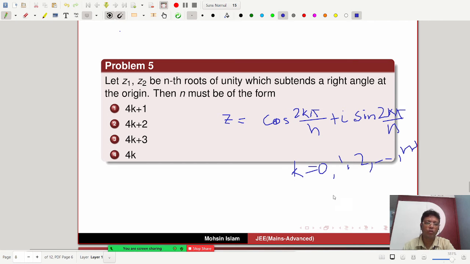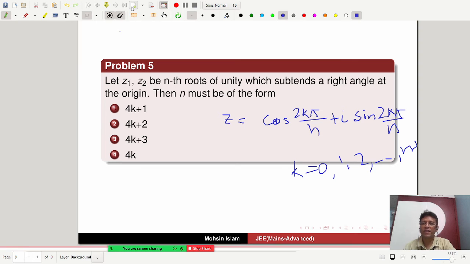So there are n roots actually. This much you know from the second statement of De Moivre's theorem, where k has n values.